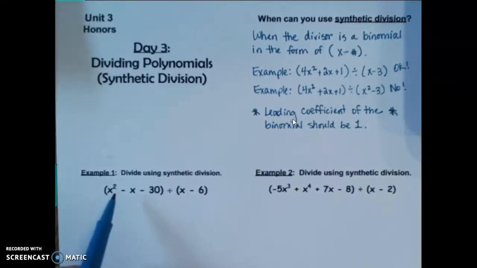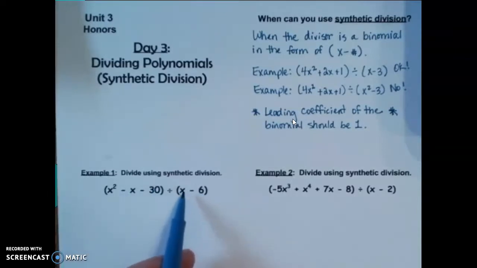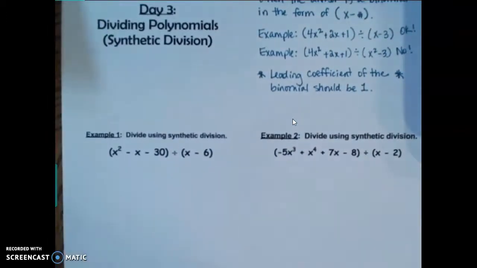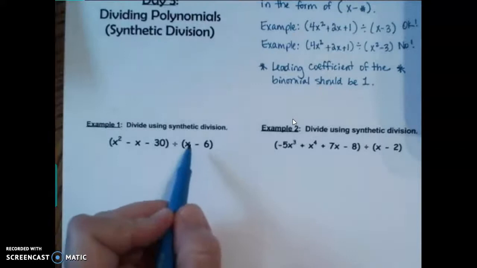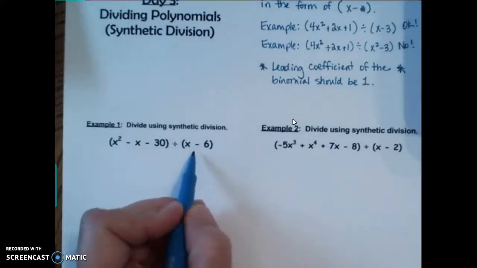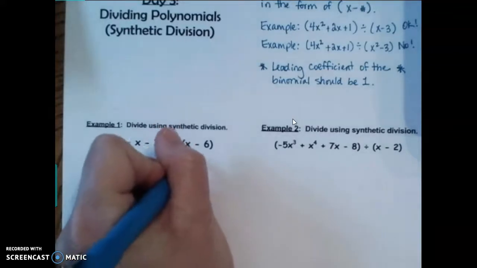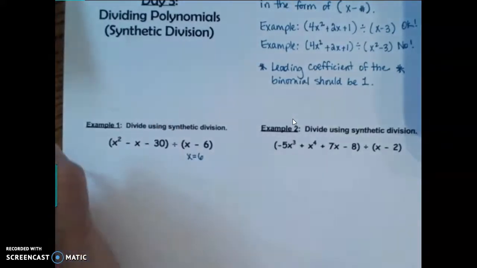Alright, so our first example tells us to divide using synthetic division. We do have a binomial with a leading coefficient of 1, x minus some number. It could also be x plus a number, so this could be plus or minus a number. So what you're going to do is this is your factor, so you're going to find your 0 or take the opposite of your factor. So in this case, x would equal 6.